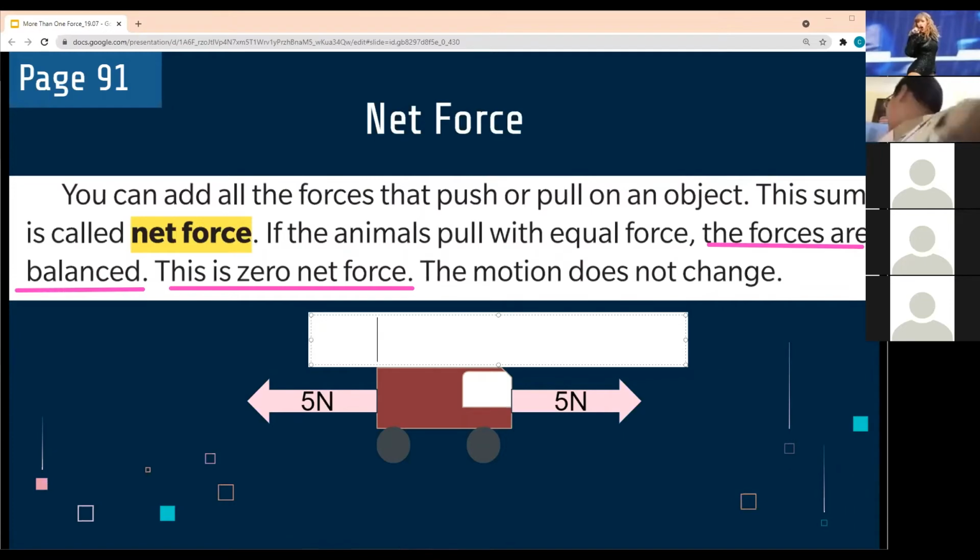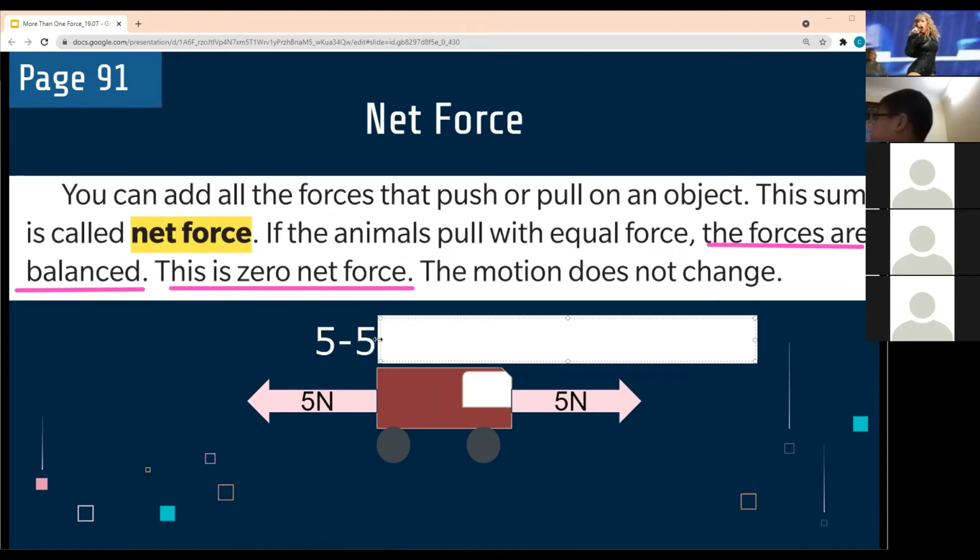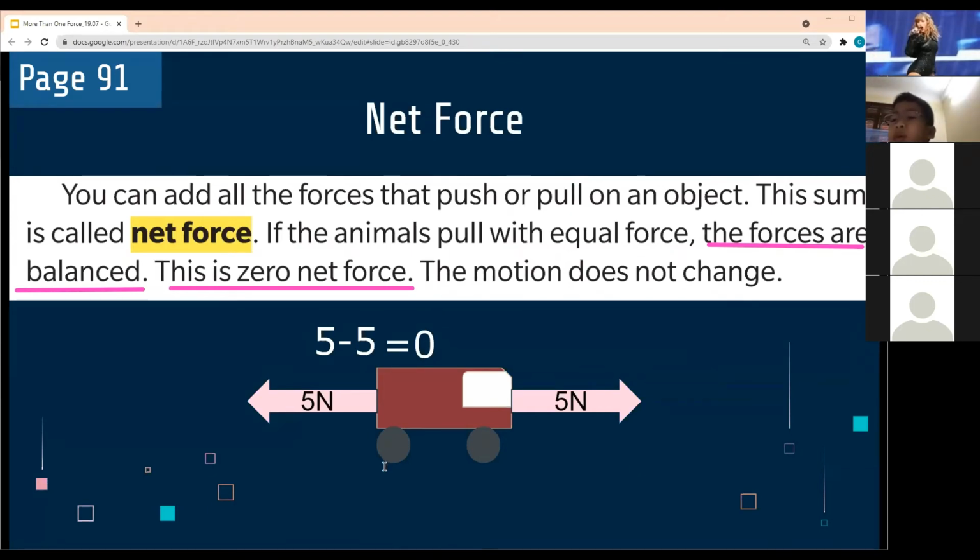You always subtract the smaller force from the larger force. So we have 5 minus 5, and this is going to give us an answer of 0. So our net force is 0 net force. Net force is what happens when you take all the other forces into consideration.